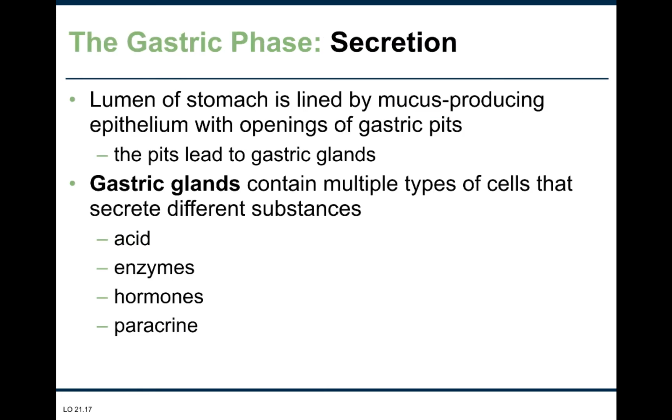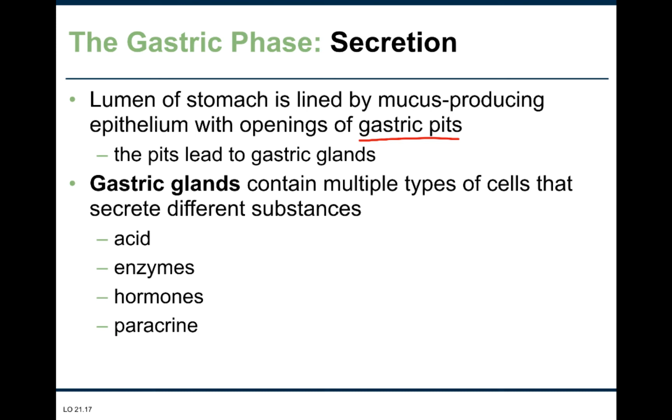Okay, so we've talked a little bit about mucus and how the epithelium needs that layer of mucus to help protect it. But what we haven't really talked about are, in addition to that mucus lining, the gastric pits and the cells that are present there that release these enzymes and or acid.